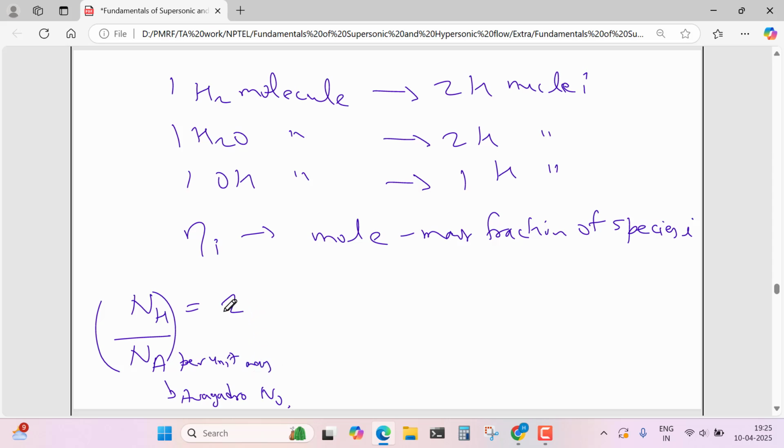So that's why we will take the mole mass ratio: 2 η_H2O, because in one molecule of H2O there are 2 hydrogen nuclei, plus 2 η_H2 plus η_OH plus η_H.